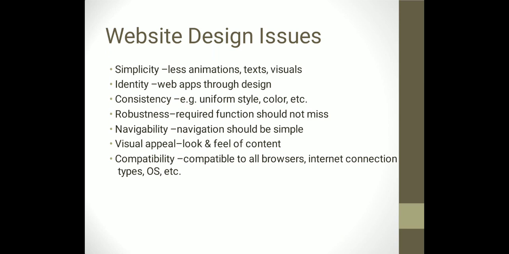A number of major technical issues should be considered while developing a website, including simplicity, which should be checked, meaning there should be fewer animations and less text or visuals. Identity, like web apps, should be checked through design. Consistency, that is, uniform style and color should be there for the whole website or at least the required part. Robustness, that is, required functions should not be missing.